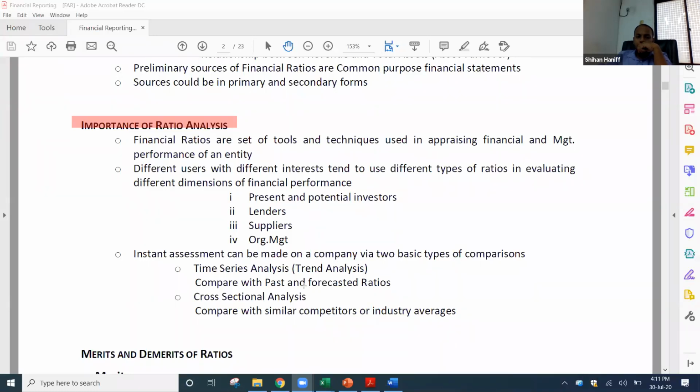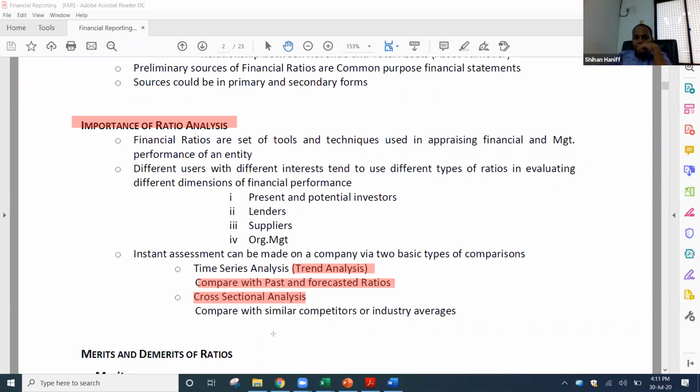Okay, and also we use ratios to compare. The comparison can be either trend analysis or cross-sectional analysis. What is trend analysis? It's very simple, where we compare our past ratios with the present and future ratios, and we forecast.